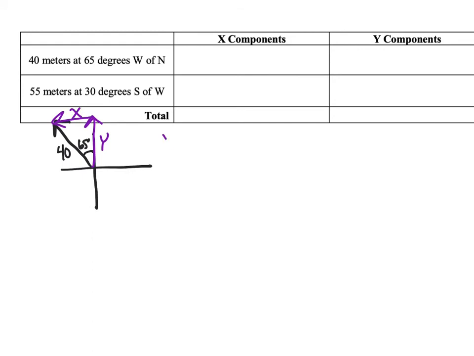For the x value, it's opposite of our angle, so we're going to use sine. So it's going to be 40 sine 65. The x, when we solve for that, is going to equal 36.3. And we're going to put a negative in front of it because it is headed in the west direction. Right? For the y, it is adjacent, so we're going to use cosine.